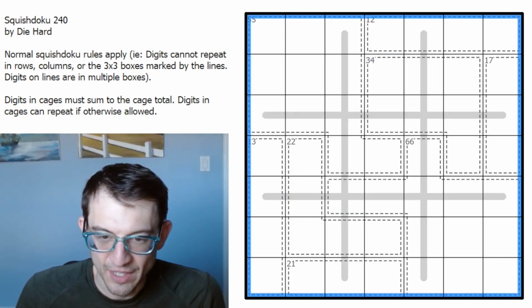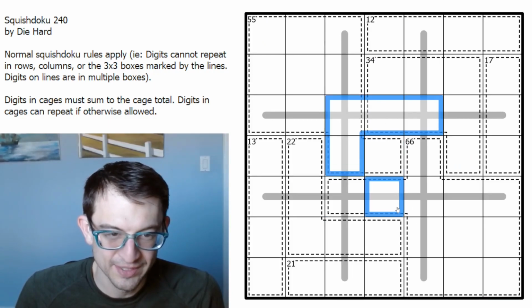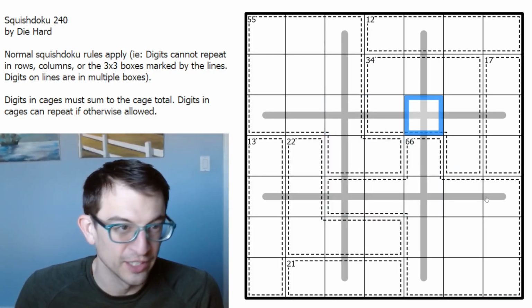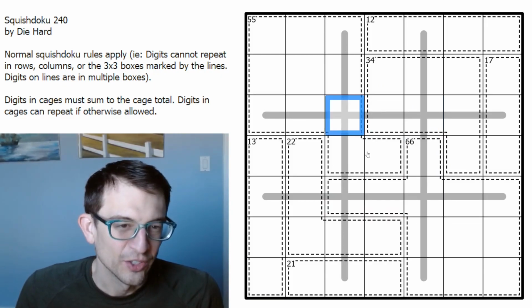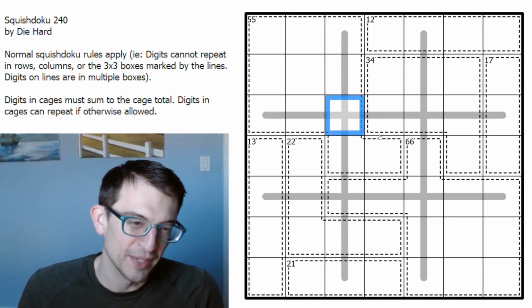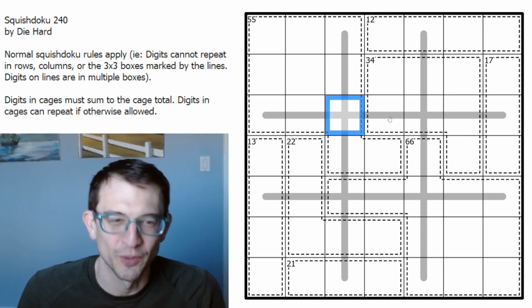And if you treat this center box as the reference and try to color the rest of the puzzle based on that, you find that there actually aren't that many possibilities for how squishdoku can be laid out.